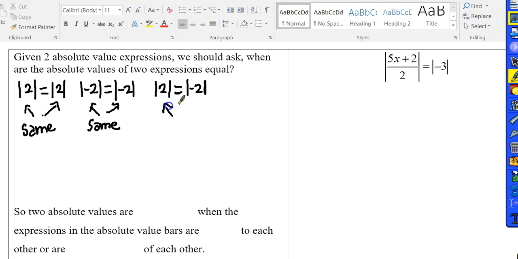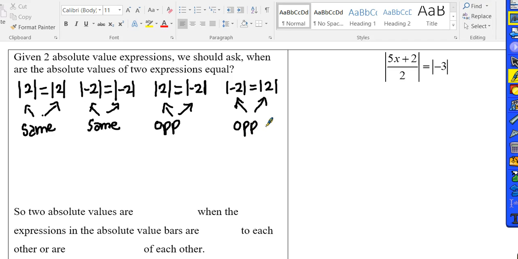They still have a value of 2, but this time the numbers are opposites. And there's one other way that could look. Anybody have an idea? The last combination? Exactly. Absolute value of -2 equals the absolute value of 2. All of these are true statements.